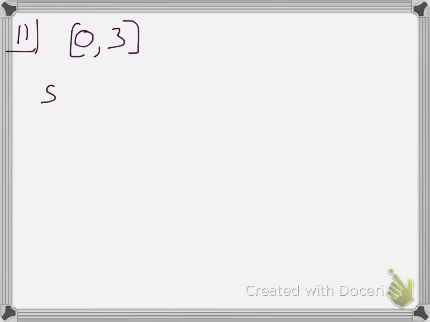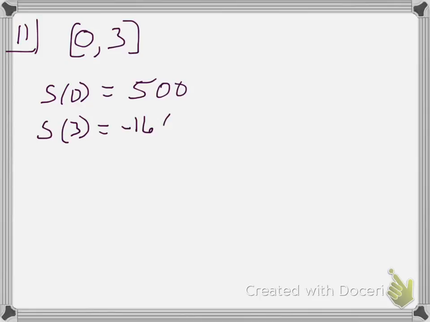So let's find s of 0, which is 500, and s of 3 is going to equal -16 times 3 squared plus 500. And that is going to be -356.